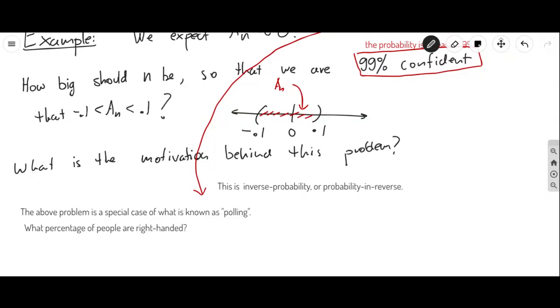Well, we know from experience that the amount of people who use the right hand is substantially larger than people who use the left hand, but we want to get a number on that. So the most reasonable thing to do is we go out and we find people. So let's say we poll 100 people, and 80 are right-handed and 20 are left-handed.